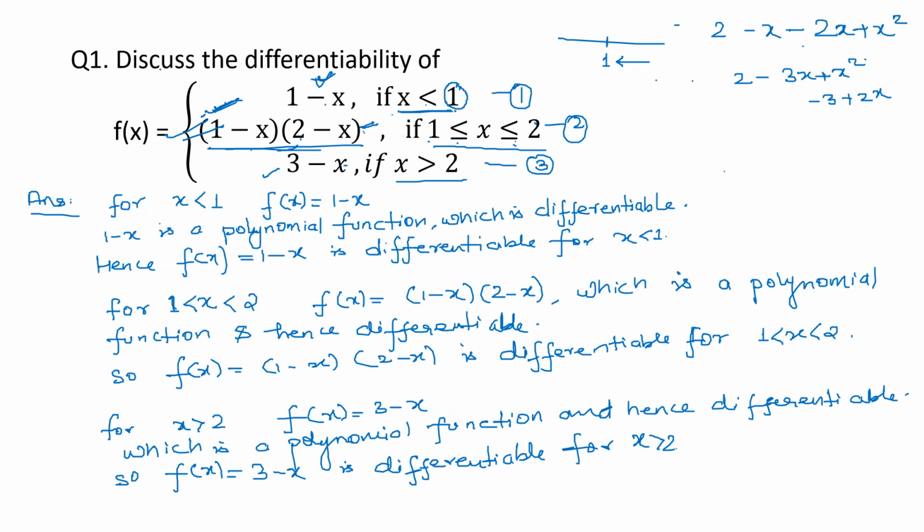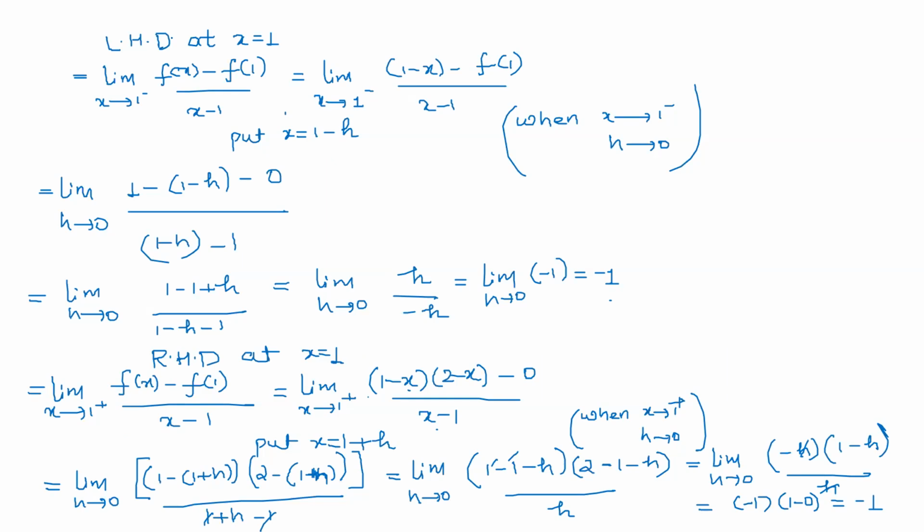Okay, great. Umair, you have made a mistake while multiplying these two. Please check here. You have 1 minus x into 2 minus x. Open this: 2 minus x minus 2x plus x square.